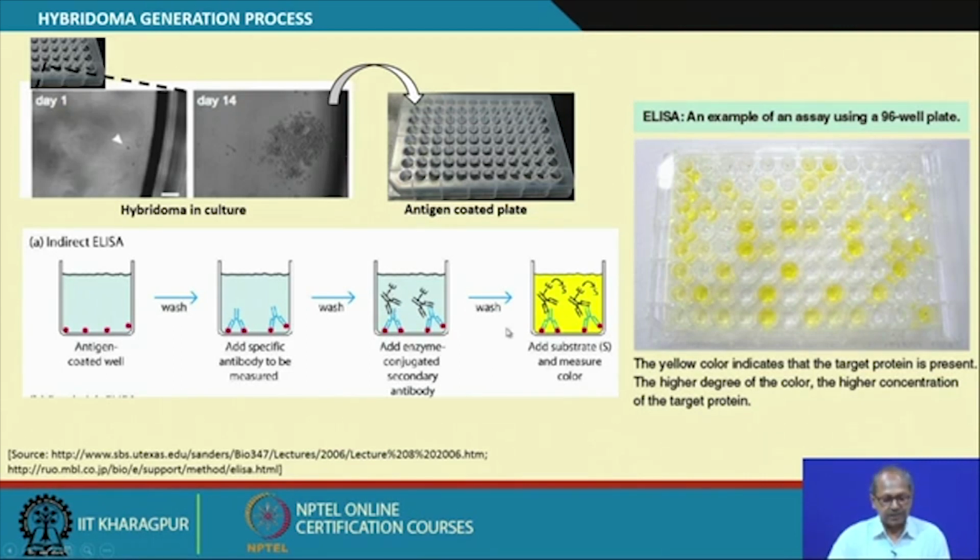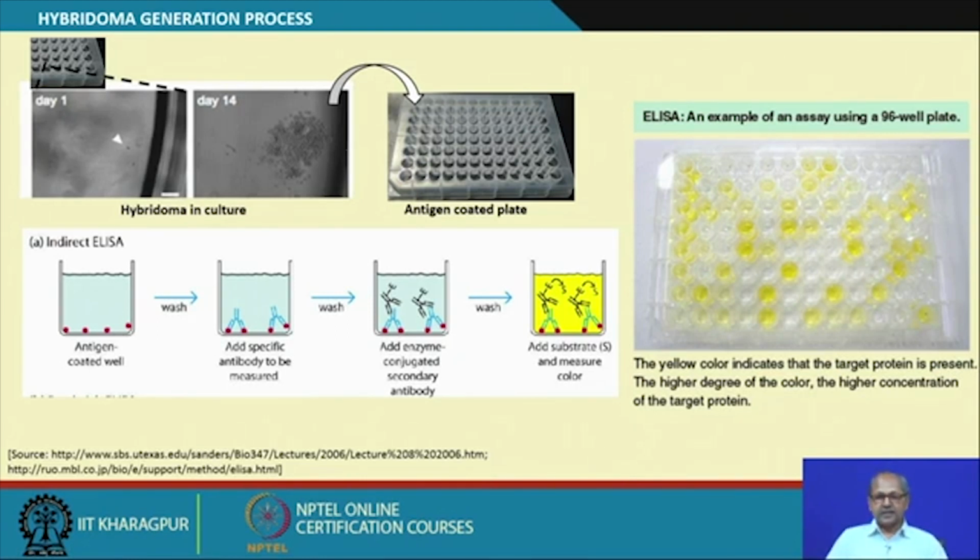Let it bind, wash again, then give the substrate for the tagged enzyme, by which color will be produced, substrate to product conversion. If this is the replica of the 96-well plate, then you will see that only some wells show the color. These are the positive clones, hybridoma clones which are producing antibody.